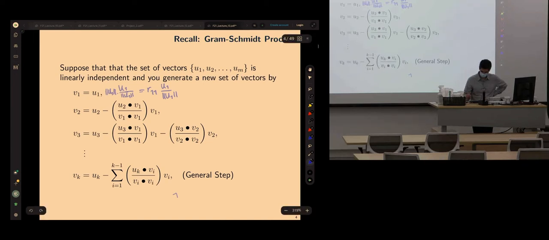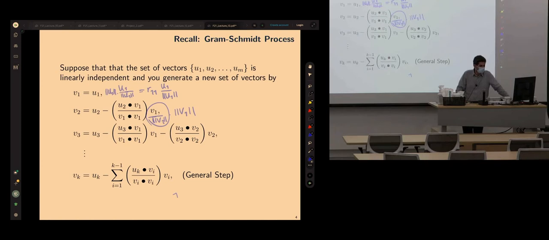Now, for the second one, we have already V, right? V is not normalized. You can divide it by normal V and times normal V. Right, so whatever you have here, this whole giant term times this will give you the coefficient.